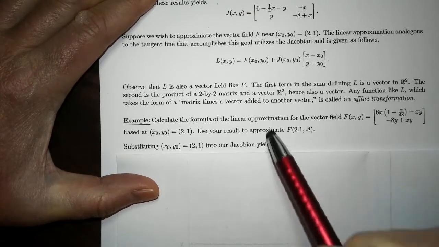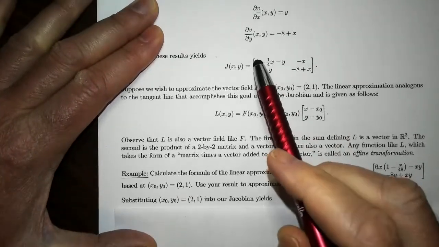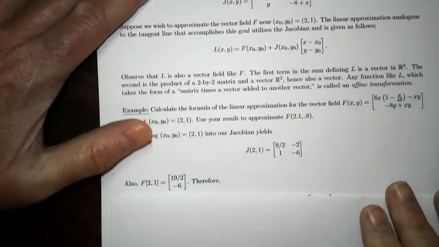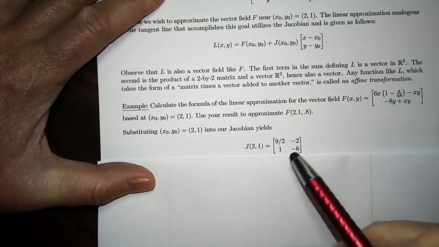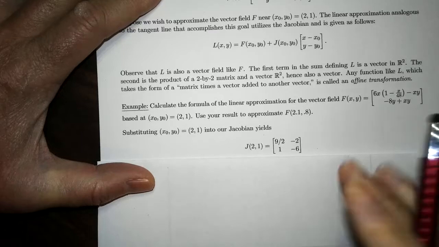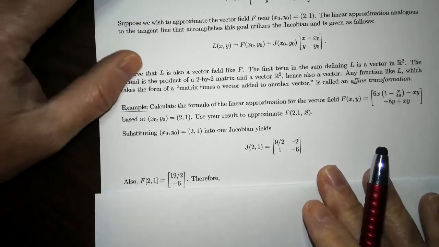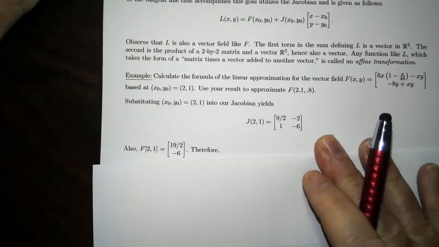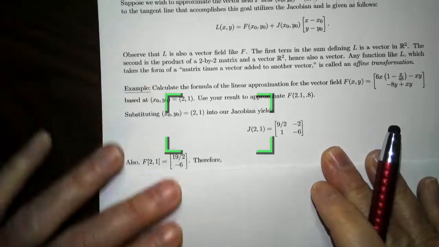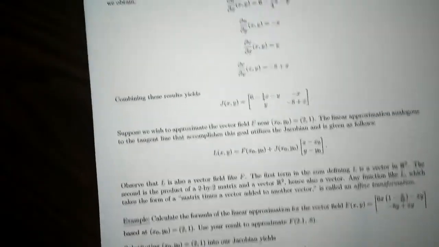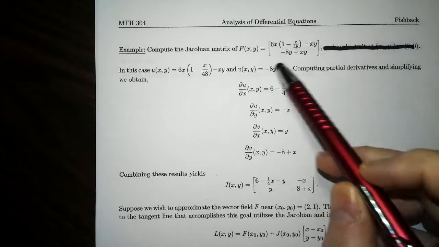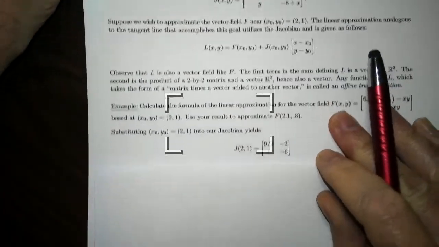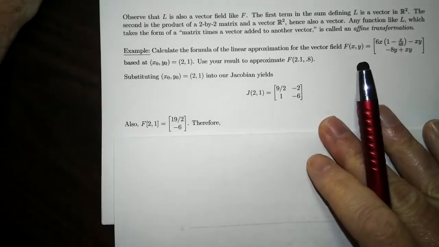So if we substitute 2, 1 into our Jacobian matrix, which is above, we get this matrix: 9 halves, negative 2, 1, negative 6. If we substitute 2, 1 into our original vector field, which is up here, we obtain 9 halves, negative 6.